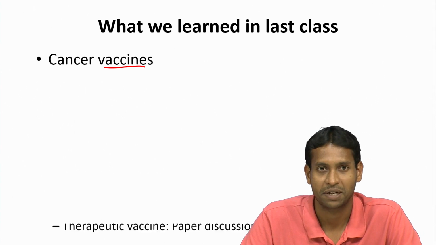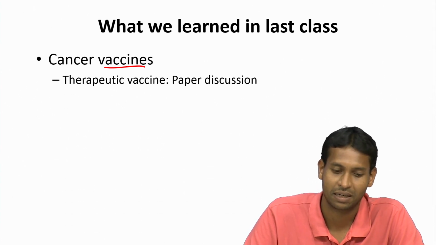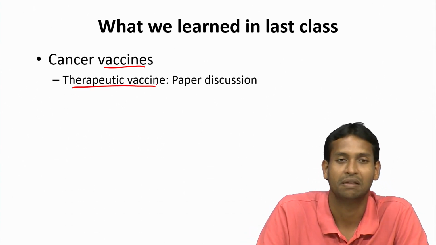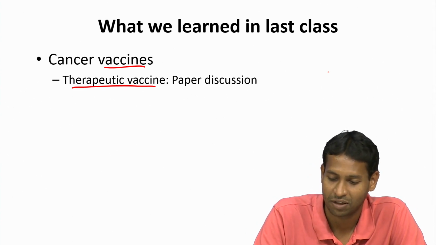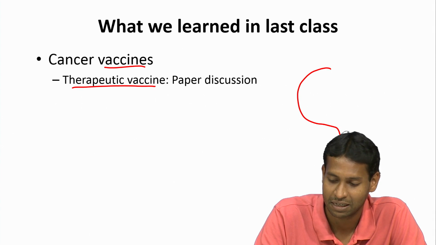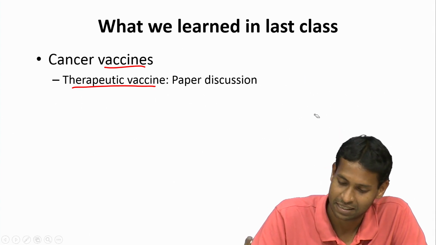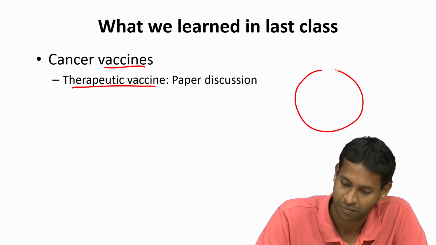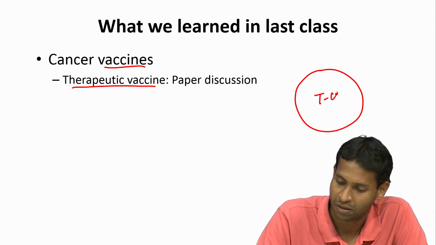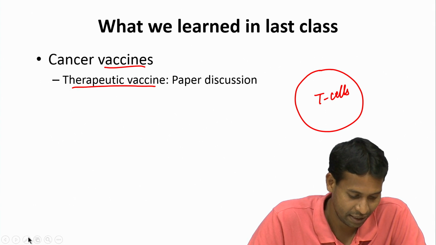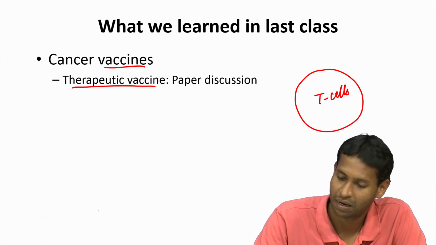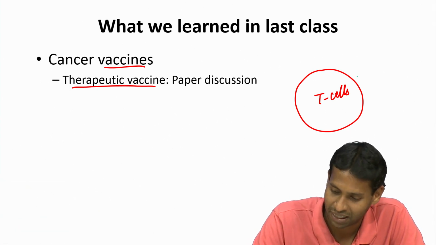Then in the last class, particularly, we looked at a therapeutic vaccine example that is being used in research. This was an example in which the authors were taking T cells and then loading them with particles, in this case liposomal particles.